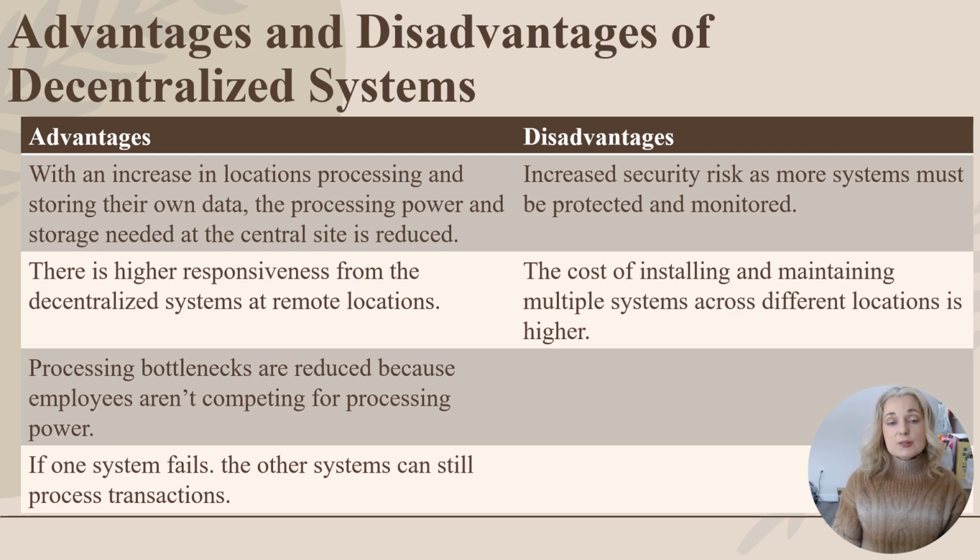There is high responsiveness from the decentralized system at remote locations, so you're not having this kind of lag time we talked about with centralized systems. Processing bottlenecks will be reduced because employees aren't competing for processing power. And then if one system fails, the others can still process transactions, so you're reducing risk.